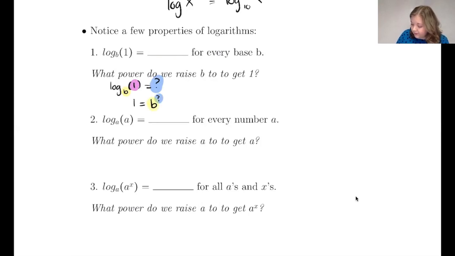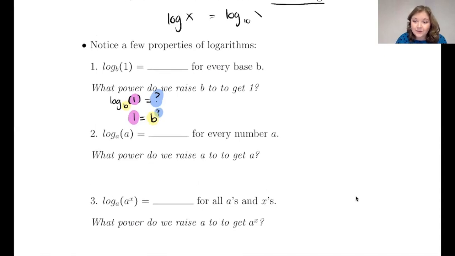And so now we're thinking the number b to what power equals 1. So with any number, we have that number raised to the 0 power is 1. So like 5 to the 0 would equal 1. 1 to the 0 would equal 1. Anything, 1 million, to the 0 power equals 1.